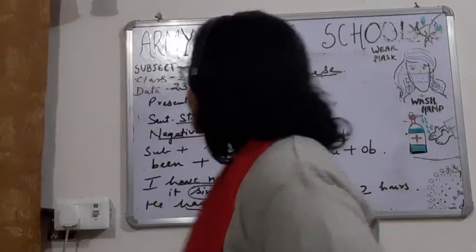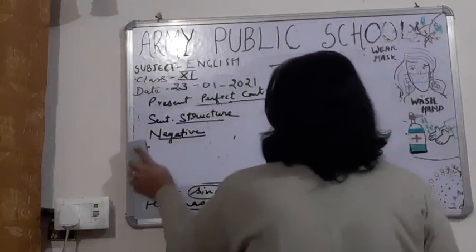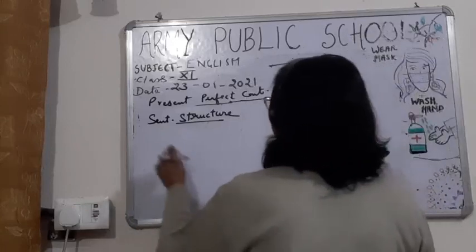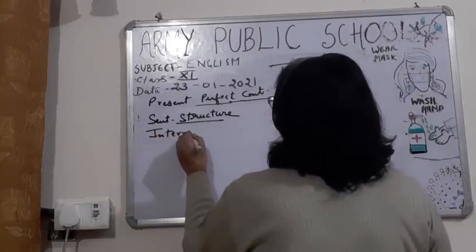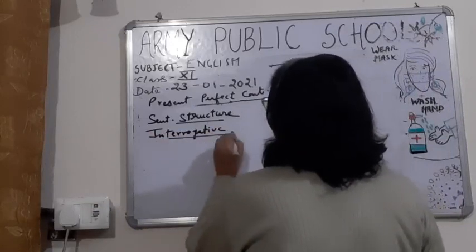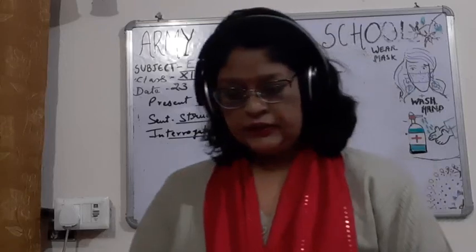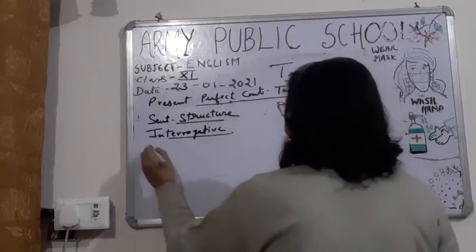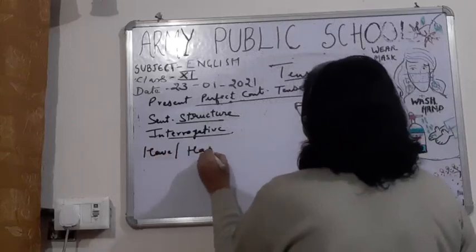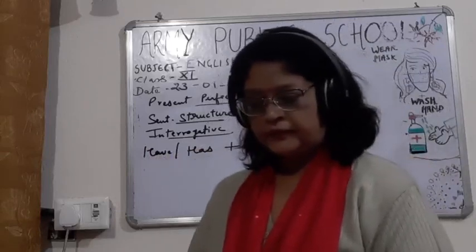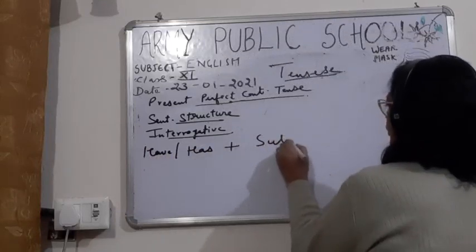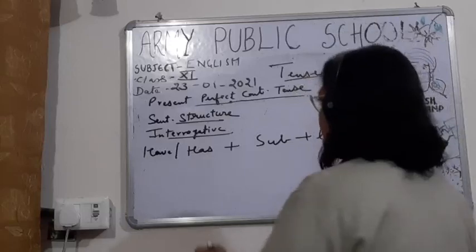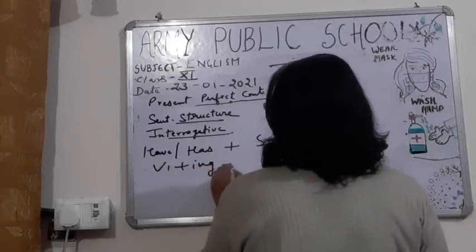Now interrogative sentence. So it will be have or has plus subject plus been plus V1 plus ing.